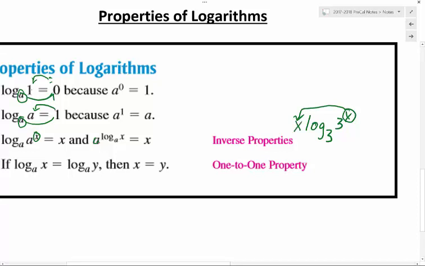I can move it to the front and write it as x times log base 3 of 3. That may come up in the next section, but I wanted you to be aware of it anyways.